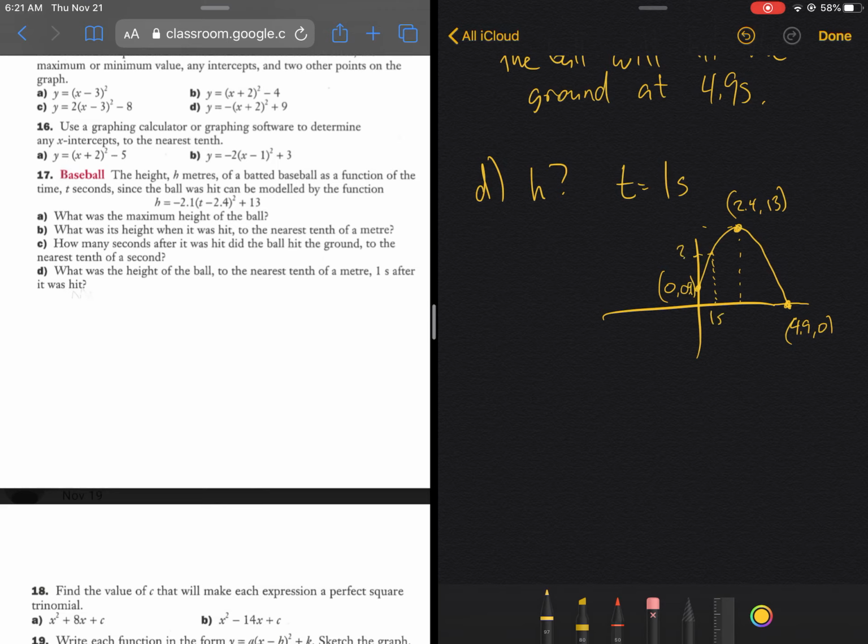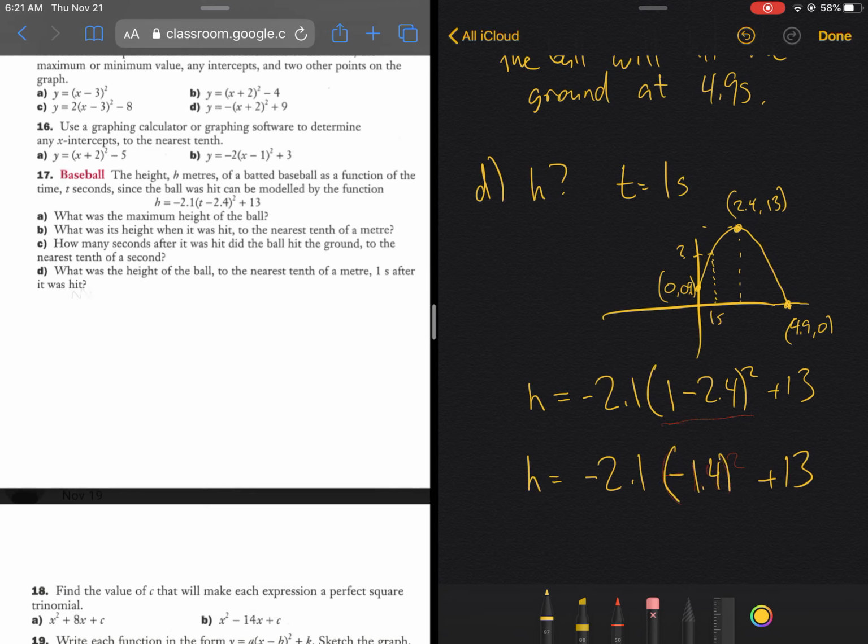So let's substitute t equals 1. h equals minus 2.1 times (1 minus 2.4) squared plus 13. We're going to solve the inside first. 1 minus 2.4 is negative 1.4.